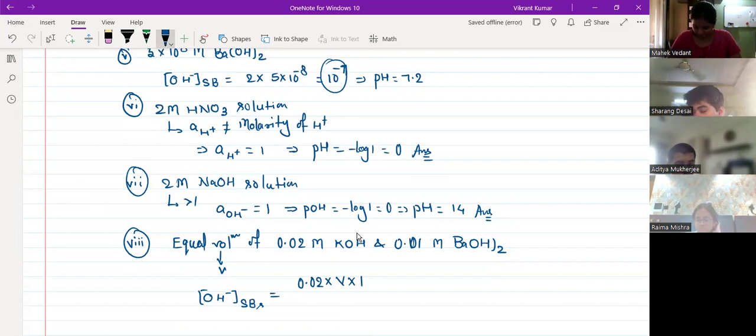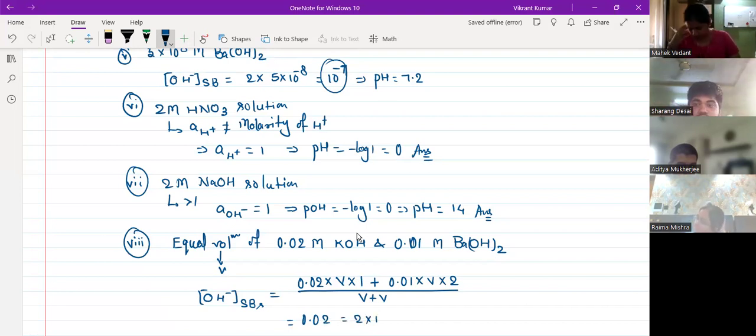So molarity into volume into 1 will give you the moles of OH minus, plus from the second solution, again molarity is 0.01, volume is V, but this time each Ba(OH)2 is going to give you 2 OH minus, and that's why into 2, divided by V plus V. If you calculate that, 0.2 plus 0.2 will become 0.4, divided by 2 will become 0.02 again. So this much is the molarity, which is 2 into 10 raised to minus 2.